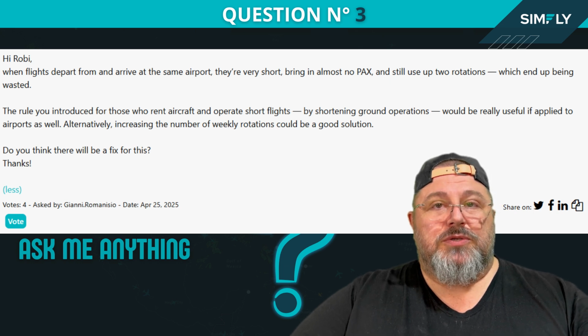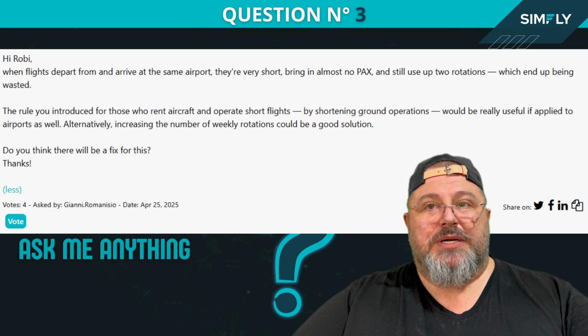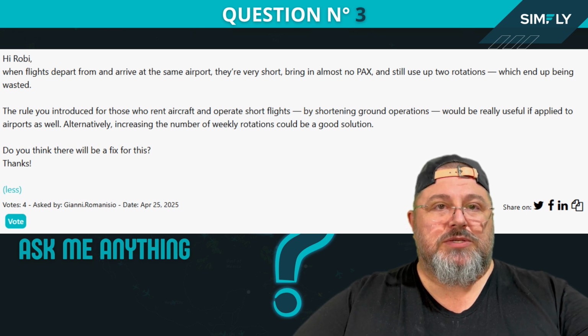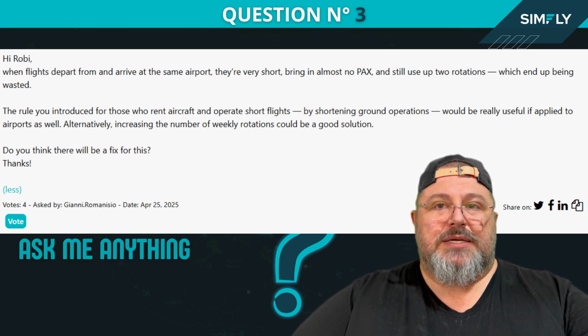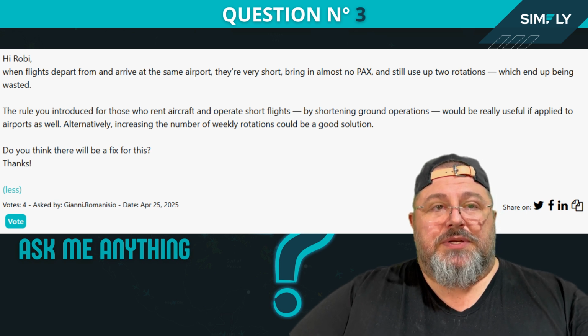The rule you introduced for those who rent aircraft and operate short flights by shortening ground operation would be really useful if applied to airports as well. Alternatively, increasing the number of weekly rotations could be a good solution. Do you think there will be a fix for this? Thanks."